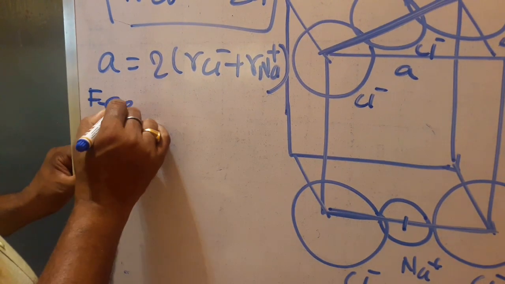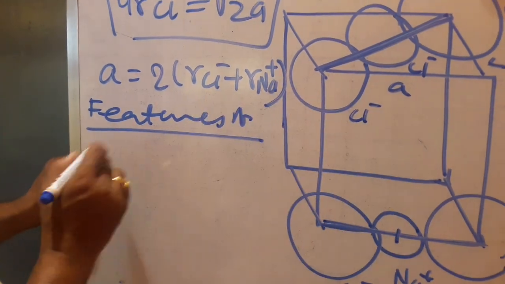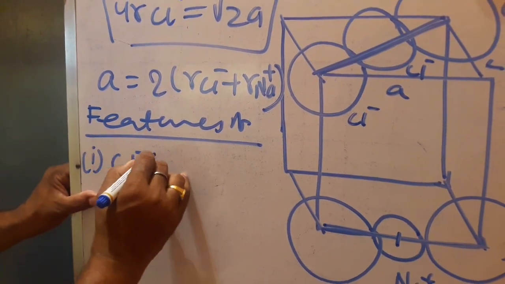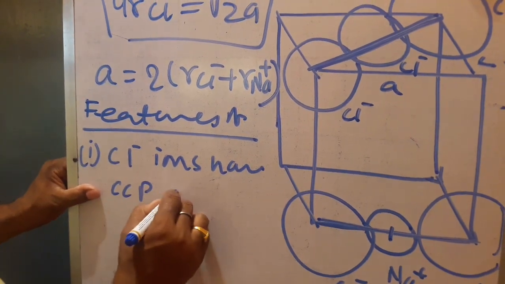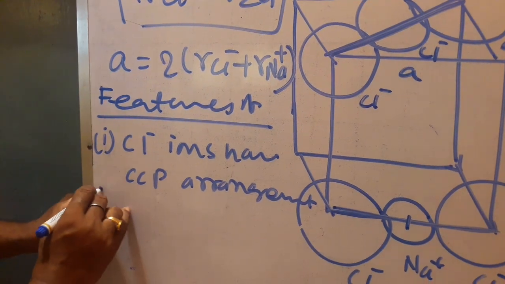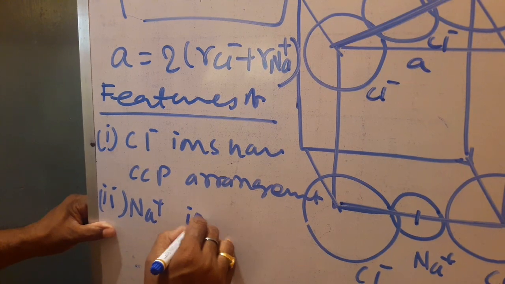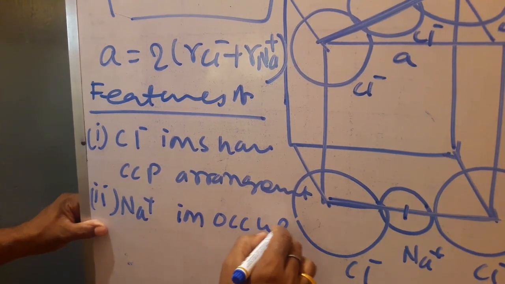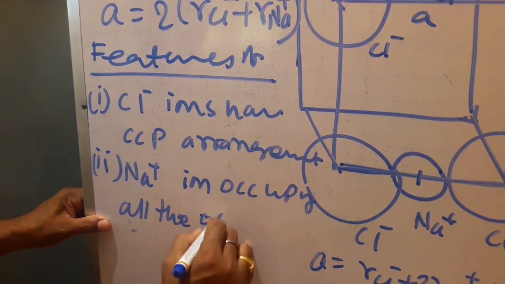So the features of the structure of NaCl are, number 1, Cl minus ions have CCP arrangement. Second, Na plus ions occupy all the octahedral voids.